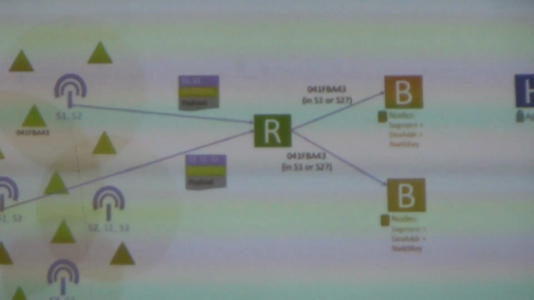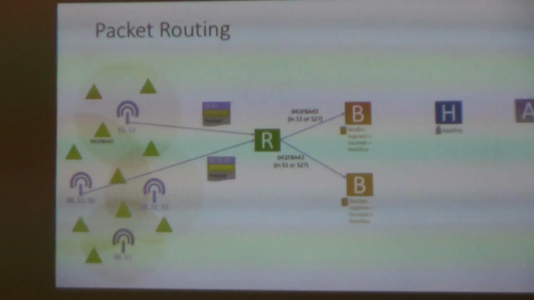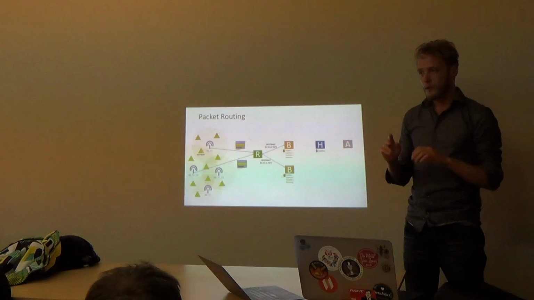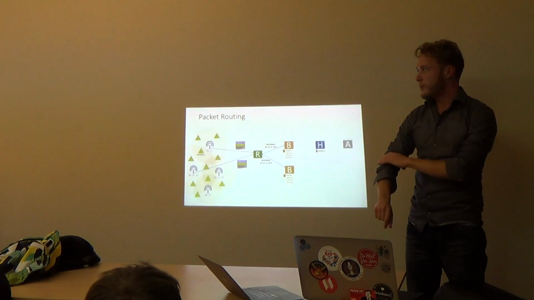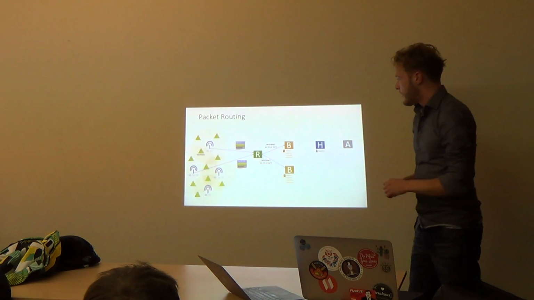What the router then does is access its local cache to see if it knows which broker is able to handle the data for this specific device address in this specific segment. And both the segment and the device addresses are important because device addresses are unique or scattered within segments.